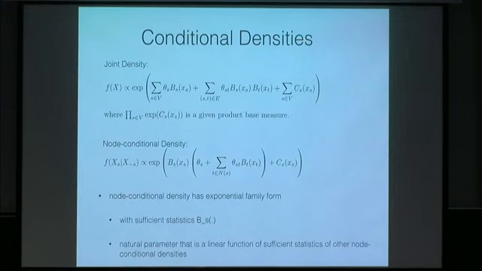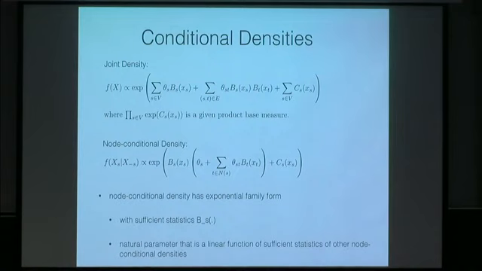Let me delve a little bit further into the form of our Expxorcist density. This is the overall form of our joint density. Inside the exponential, I have this ANOVA type decomposition, and like I mentioned, the higher order factors are given by this tensor decomposition. I've also added these parameters, theta st, and so on, for each of these higher order terms.